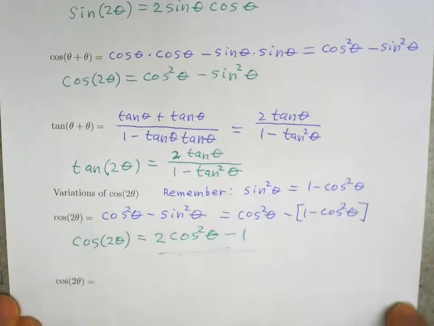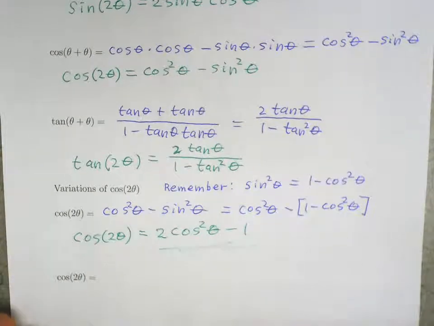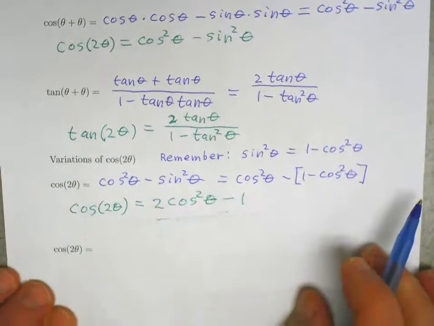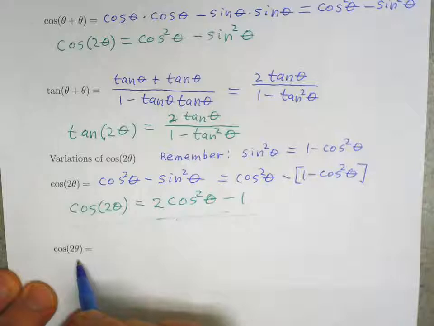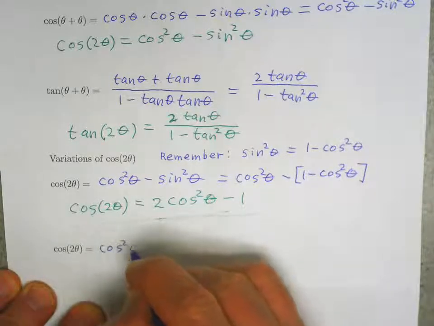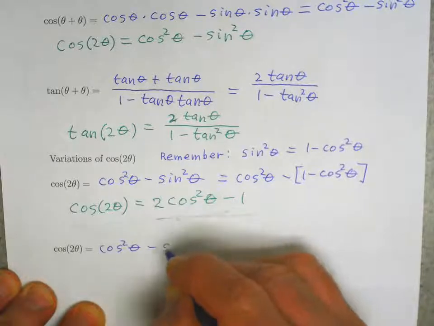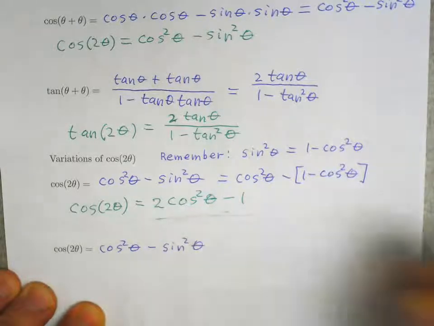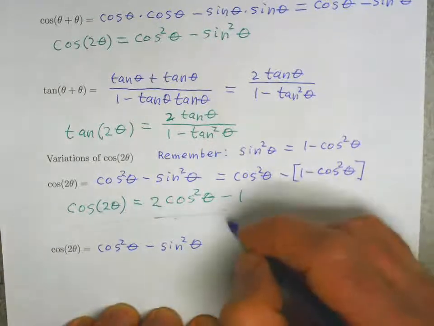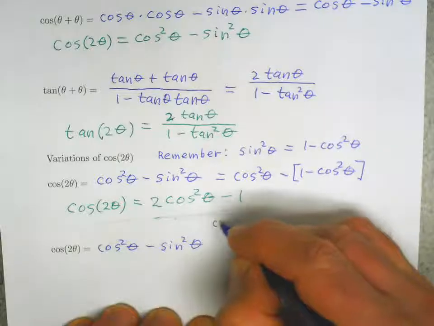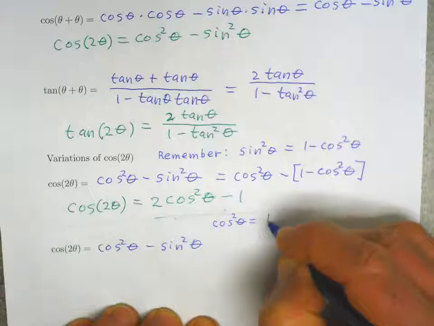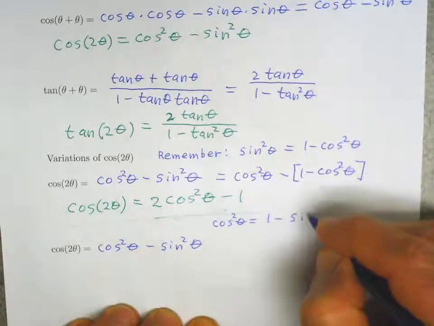Okay, another variation. First, let's write down the first derivation. Cosine of 2 theta we found in the first place to be cosine of theta squared minus sine of theta squared. But this time, we remember that cosine of theta squared is equal to 1 minus sine of theta squared.